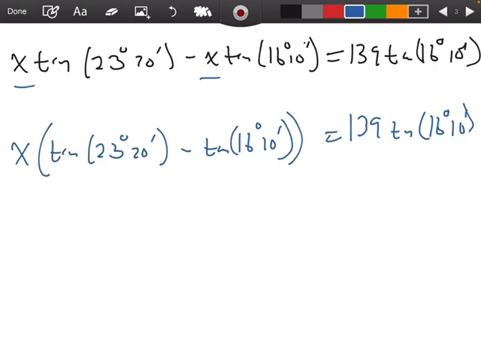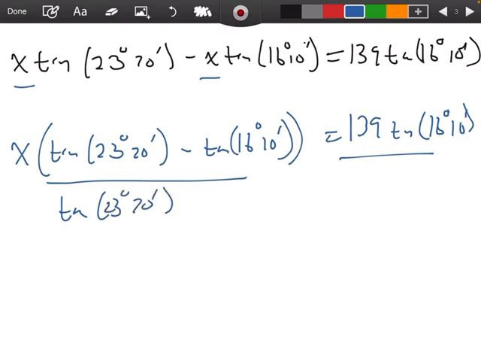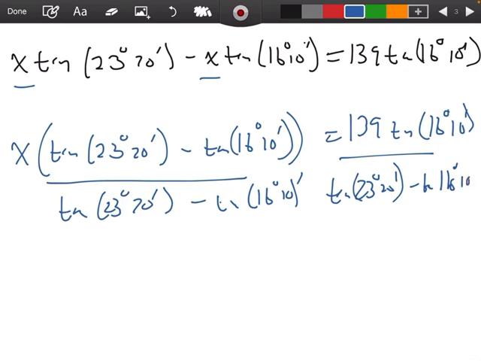And now we can divide both sides by tangent 23 degrees, 20 minutes minus tangent 16 degrees, 10 minutes. Sorry, got a little messy there.